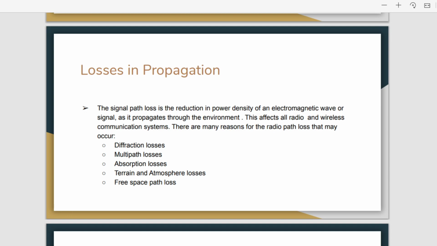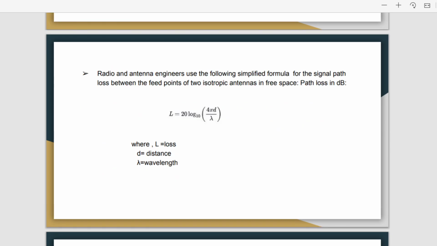There are many reasons for the radio path losses that may occur: diffraction losses, multipath losses, absorption losses, terrain and atmosphere losses, free space path loss, etc. Radio and antenna engineers use the following simplified formula for signal path loss between the feed points of two isotropic antennas in free space. Path loss is measured in decibels. L is the loss, D is the distance, and lambda is the wavelength.